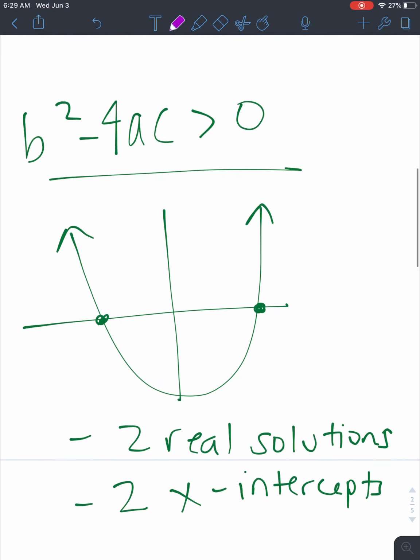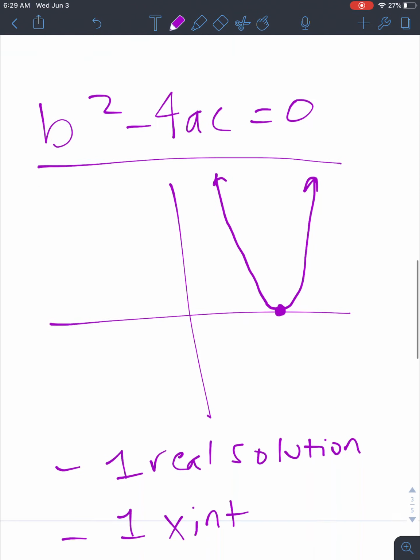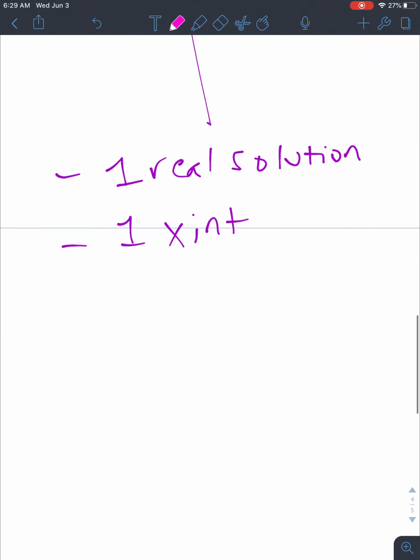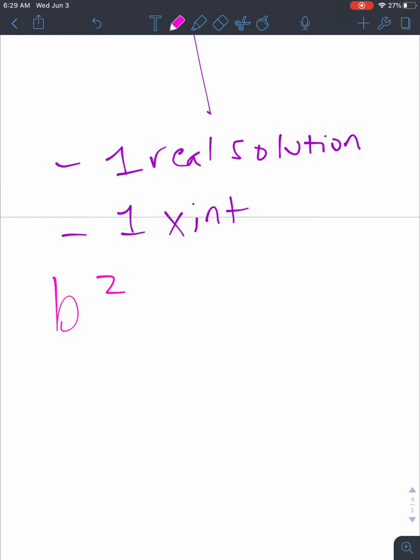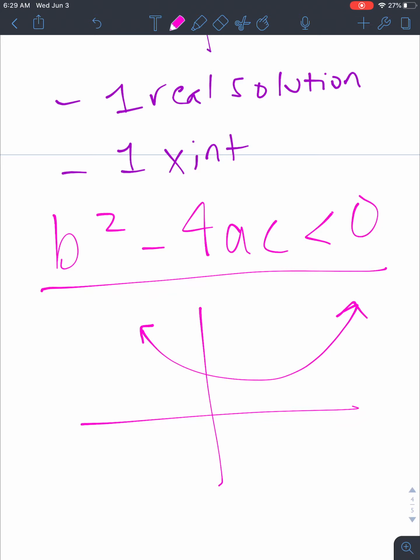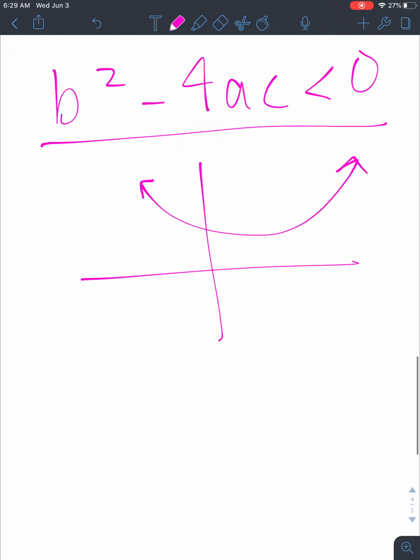If b squared minus 4ac is bigger than 0, you have 2 real solutions or 2 x-intercepts. The final option is if b squared minus 4ac is less than 0. That's if what's inside the square root is smaller than 0, and physically it relates to something that looks like this, that doesn't cross the x-axis.